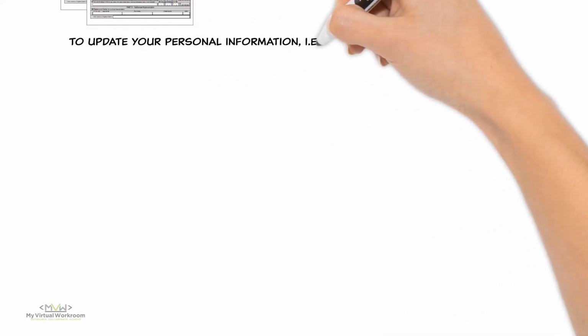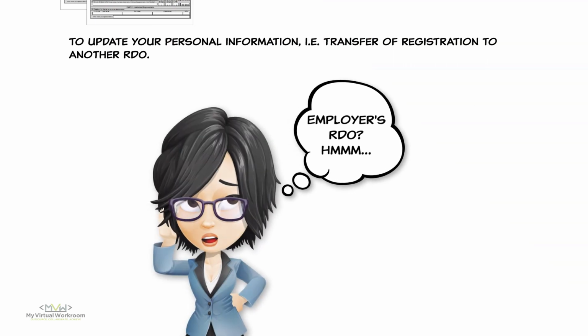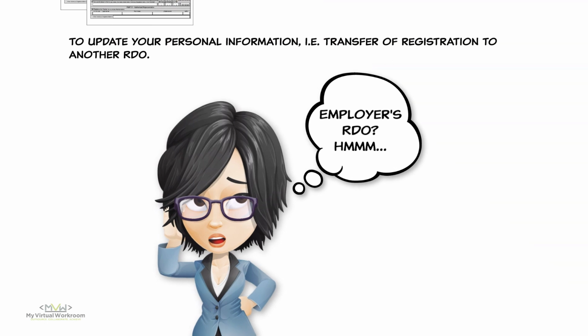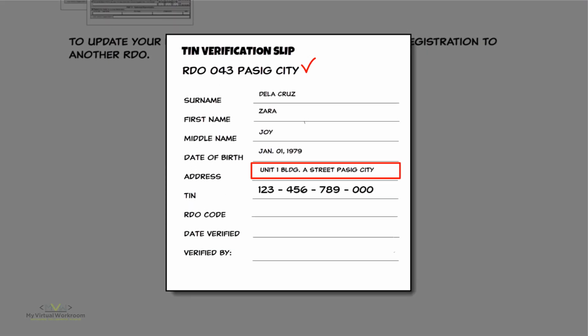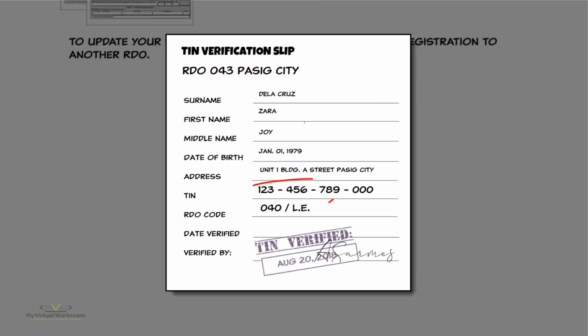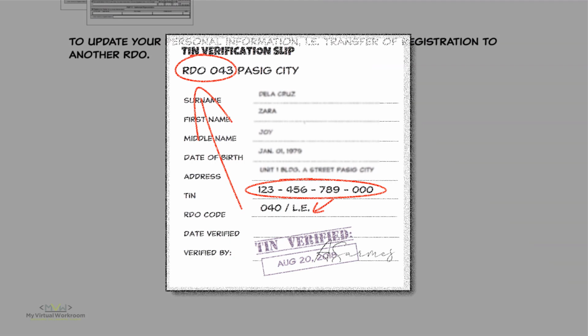If you already have a TIN and have been employed locally, most likely your TIN is registered in your employer's RDO. To find out which RDO your TIN is, simply go to the nearest BIR office and inquire personally. If it's a different RDO, then you need to transfer from the RDO of your previous employer to your current location address RDO.